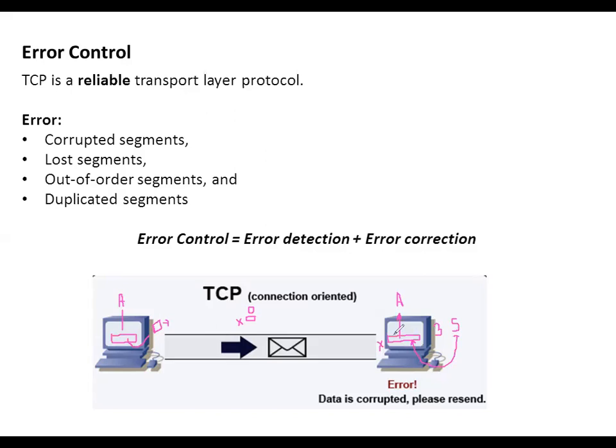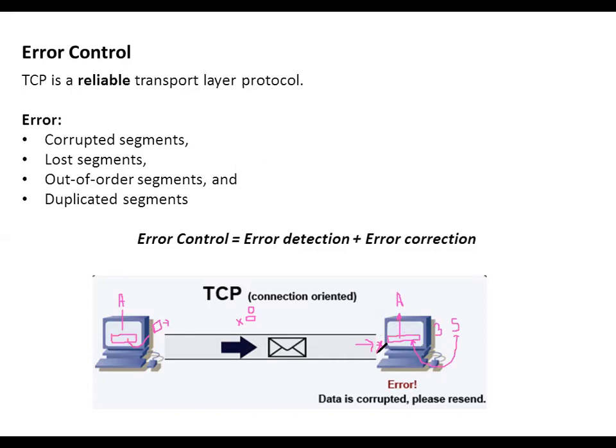Duplicated segment occurs because of an error in the network delivering the same segment more than once. The receiving TCP will be able to identify this duplicated segment, and it will be discarded or dropped right there.